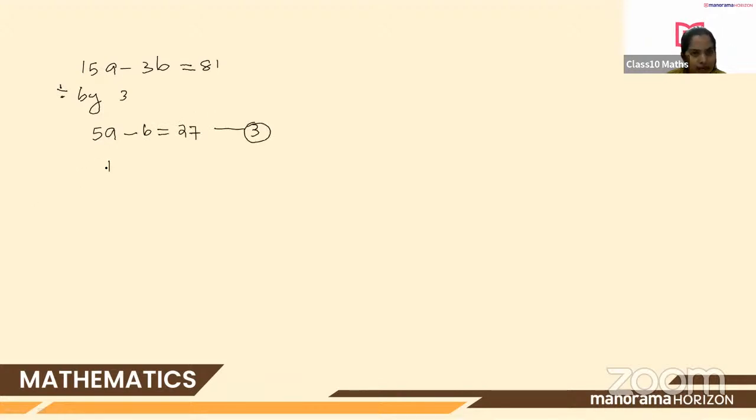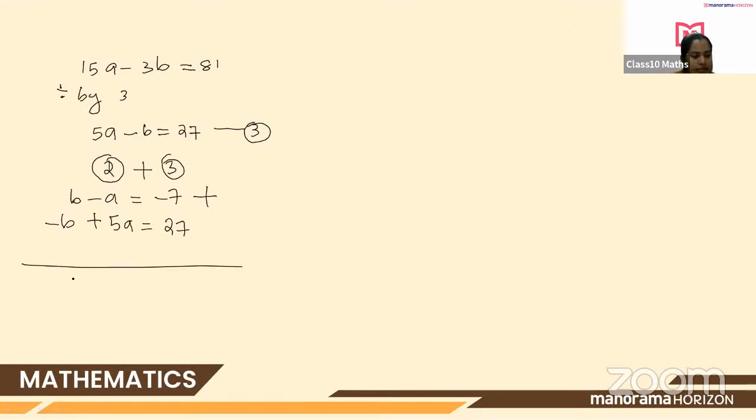And by adding equation 2 and equation 3, that is b minus a is equal to minus 7 plus minus b plus 5a is equal to 27, the term b gets cancelled and minus a plus 5a is equal to minus 7 plus 27.